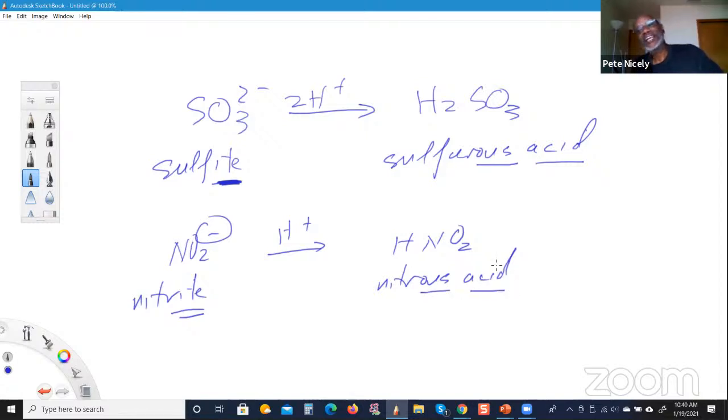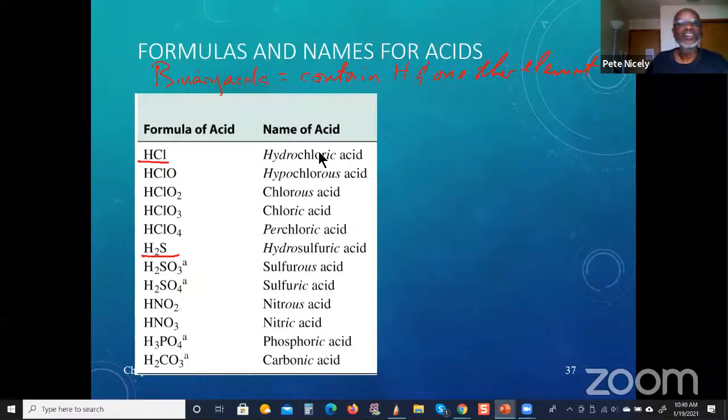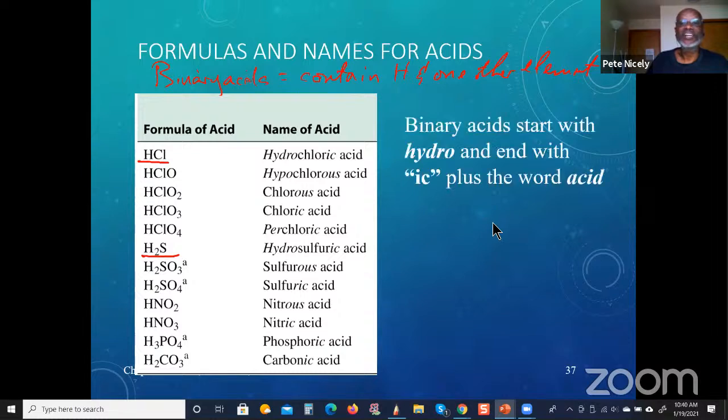So that's basically how we name oxoacids, acids which contain oxygen. And if you go back to the table that I showed you earlier, you'll see that the rules I talked about apply in all these cases here. So this is known as hypochlorous acid because that is formed from the hypochlorite ion, ClO minus. This is known as chlorous acid. This is known as chloric acid, and so on and so forth. So that's basically how these acids are named, all right?